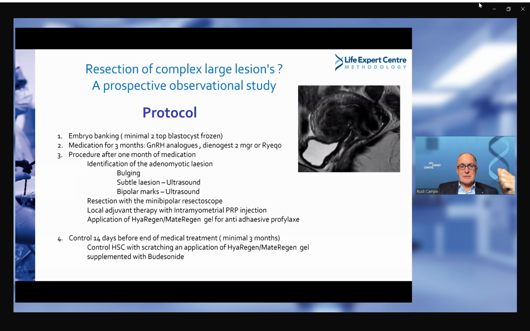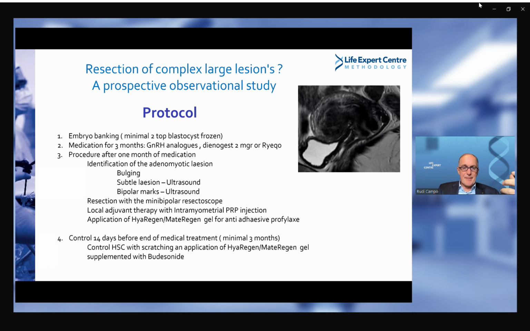The protocol: all patients have minimal 2 top blastocysts frozen, independently if they are young or if they are in an egg donation program. They minimally have 3 months of analogs, because most of them are over 6 months.